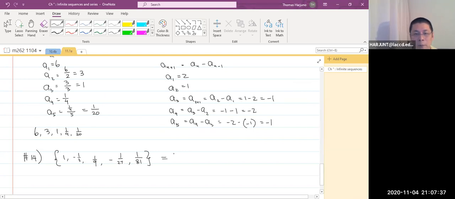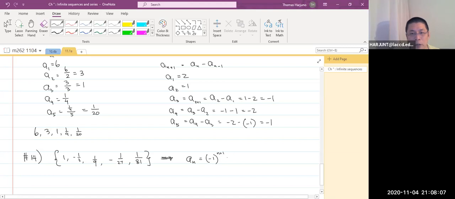What's the formula? First, take a look that it is alternating. Start with plus, right? If I use -1 to the n and my n equals 1, that will be negative. To make it start from plus, either you use n minus 1 or n plus 1. That will make it positive when n equals 1.